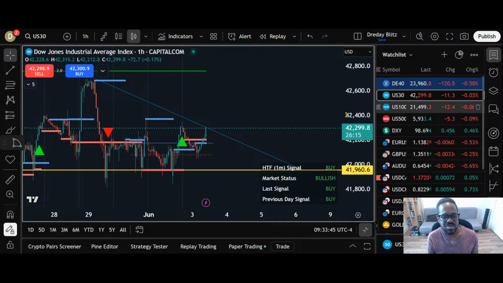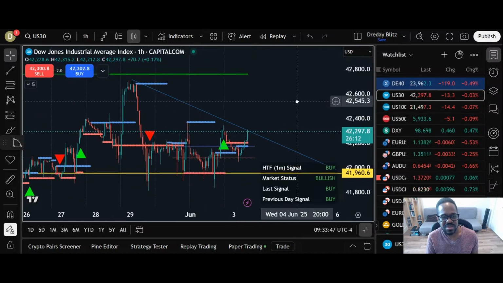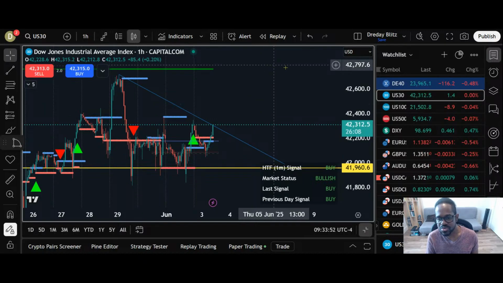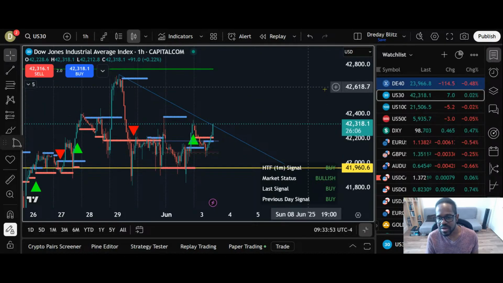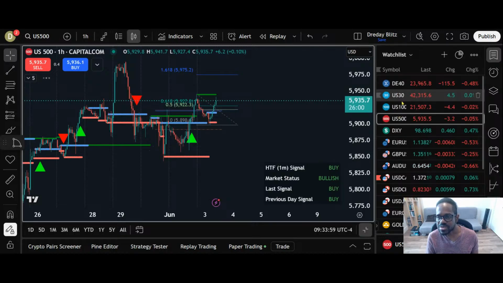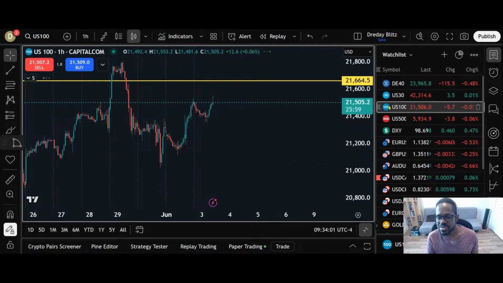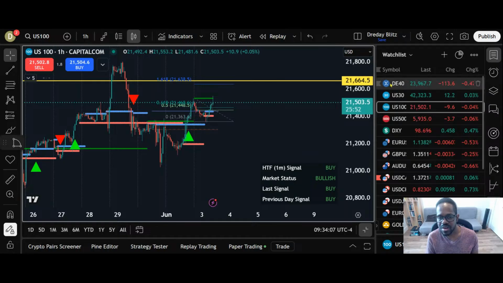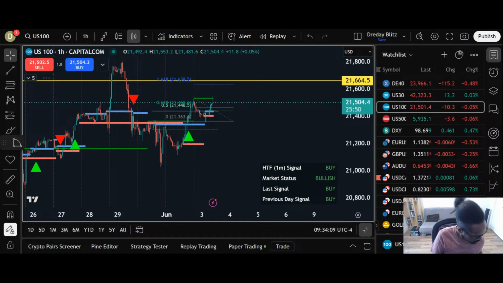Same thing for German, like I said, overall it's a sell, but it may start to go up. We did have indecision here earlier, and it switched to bullish here. So market status here on the 15 is bullish on the indices for now. So we'll see how it goes.